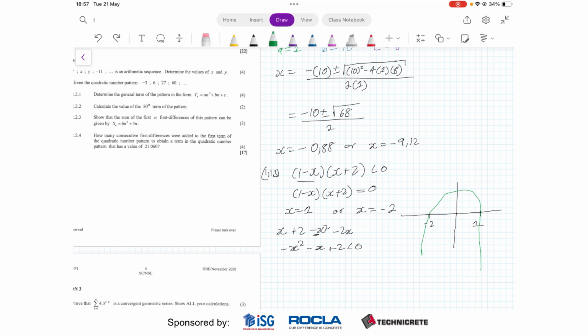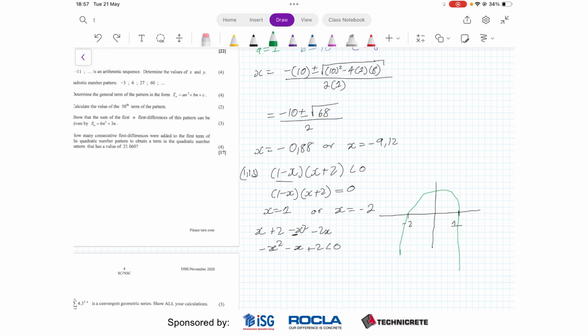Now when we look at our graph, when x is less than minus 2, our function value is below the axis. It's less than 0. We also notice that when x is greater than 1, our function value is still below the axis. So we have two options that we can use.